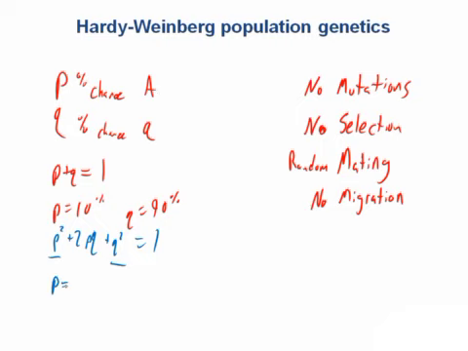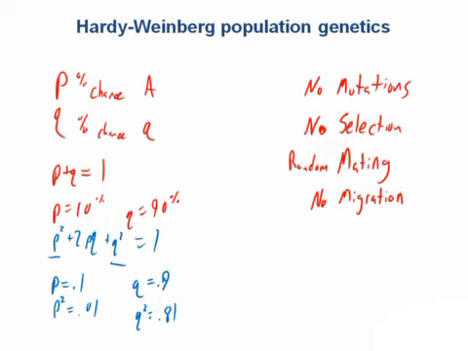So the probability of being homozygous for this allele is going to be P squared, or P squared equals 0.01, so you have a 1% chance to be homozygous for big A. And similarly, since Q is 90%, or 0.9, then what proportion of individuals are homozygous for the Q allele? Right, so that would be Q squared, or 0.81.